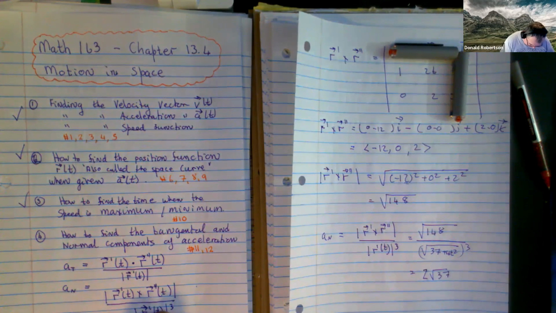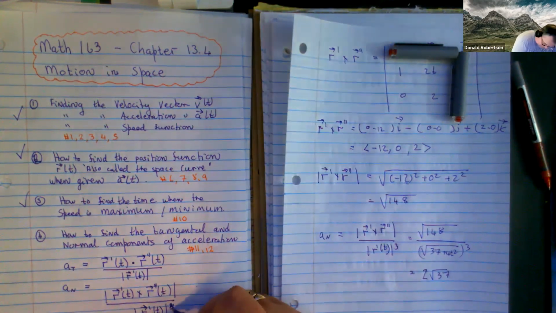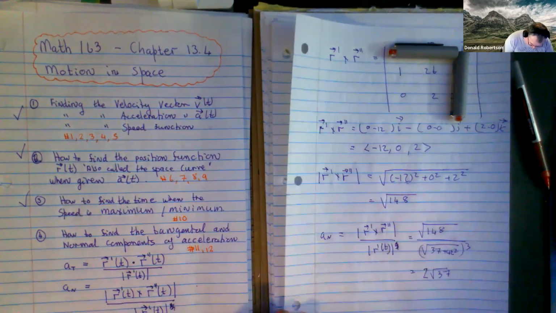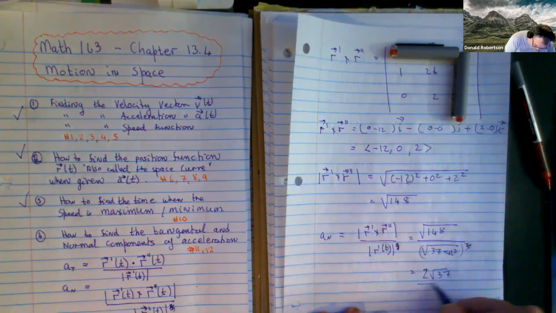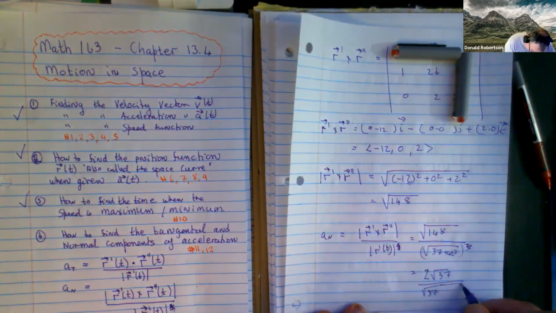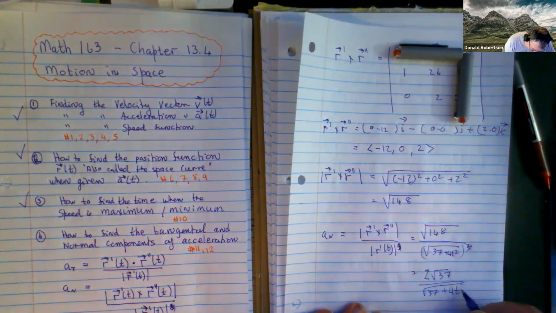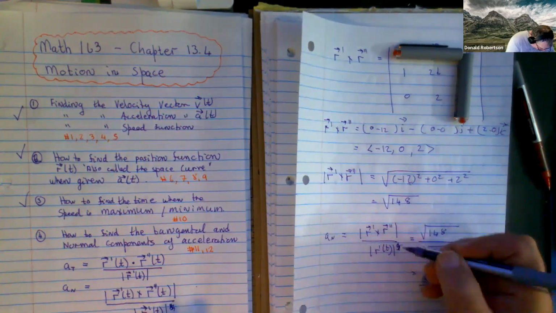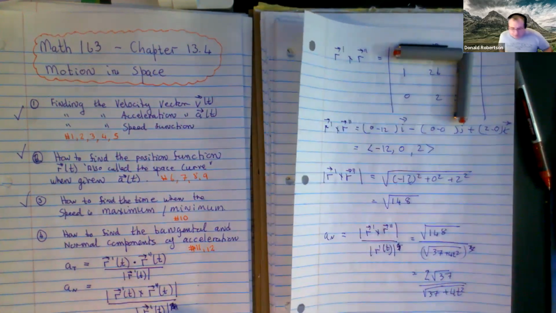And I think we're finished. And that cube, I take that cube out. That cube's not necessary. I don't know where it came from. That's much nicer. So when you're doing the normal component, don't cube the bottom.